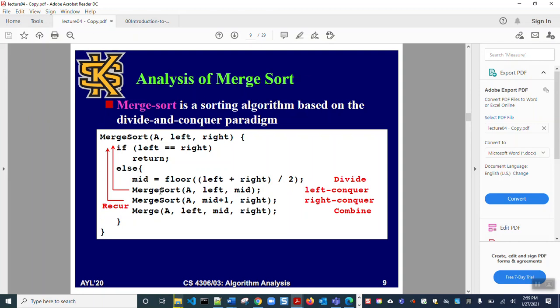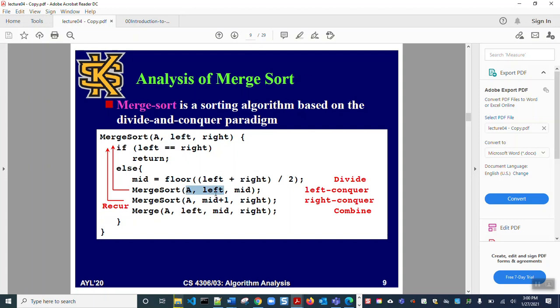Then we divide the original array, and while we divide, we call merge sort, so the recursive call will be here.